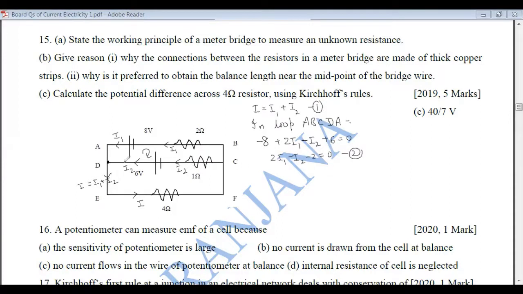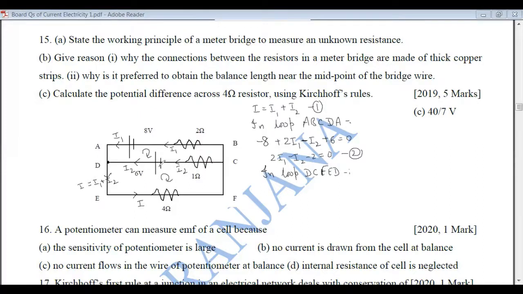Now let us apply Kirchhoff's second rule in the loop D, C, F, E, D. Here we draw the direction. Moving from D to C, the first potential difference is the EMF of the cell, 6 volts.